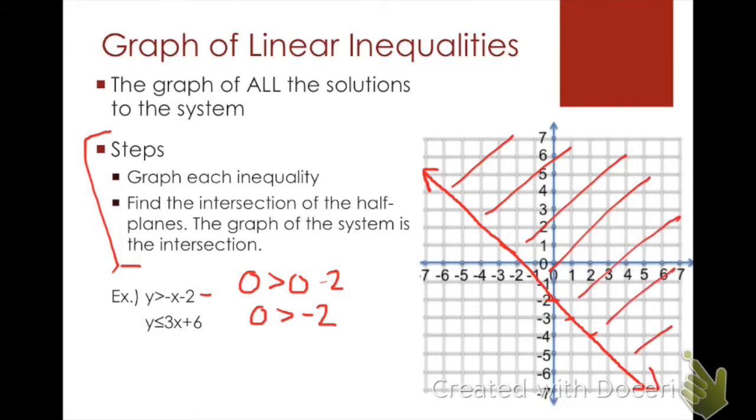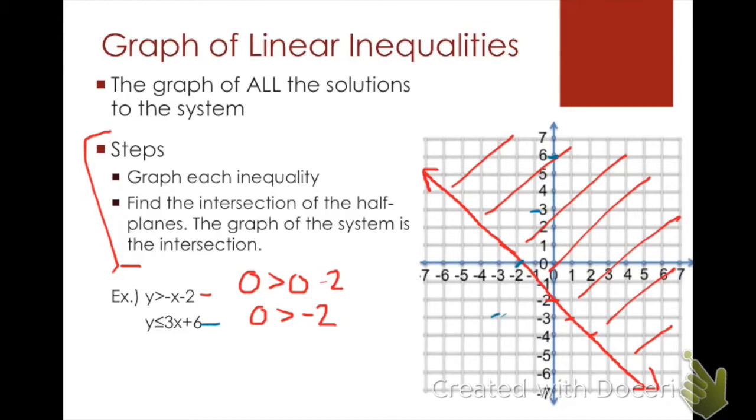Now let's try our second line. So I'll graph this one in blue. So my y-intercept is 6. My slope is 3. So I could either go up 3 and to the right 1, or I could go down 3 and to the left 1.